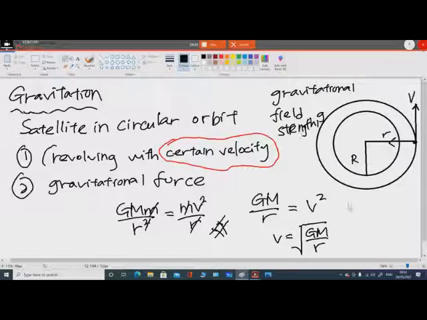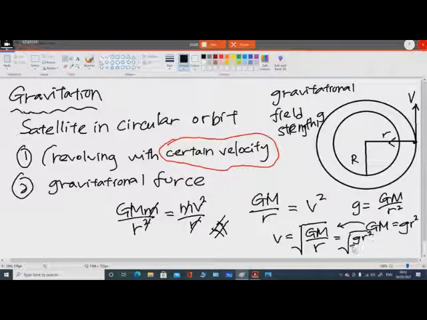So we know that g is actually GM over r square. So when we move this r square to the g side, we will get g r square. So eventually GM we sub into here, so GM is g r square over r.